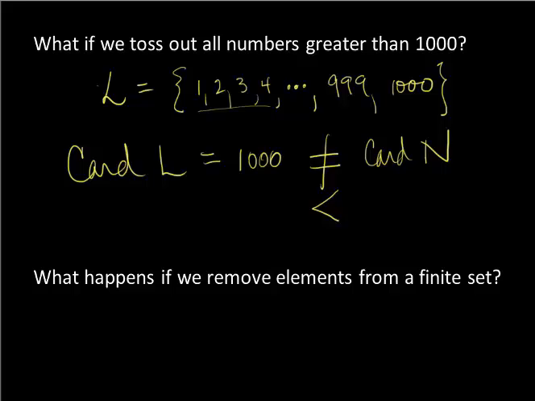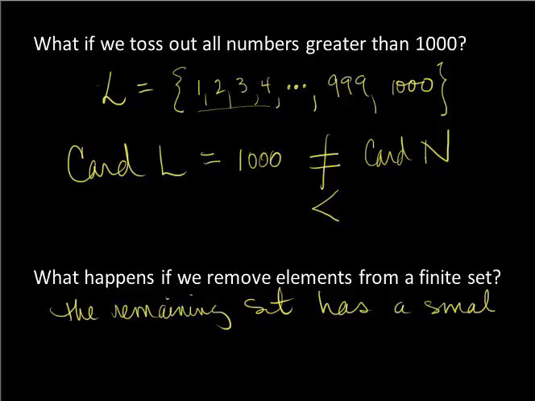Well, this should seem strange to you because all of our intuition is built upon finite sets. And what happens if you remove elements from a finite set? Well, the remaining set has a smaller cardinality.